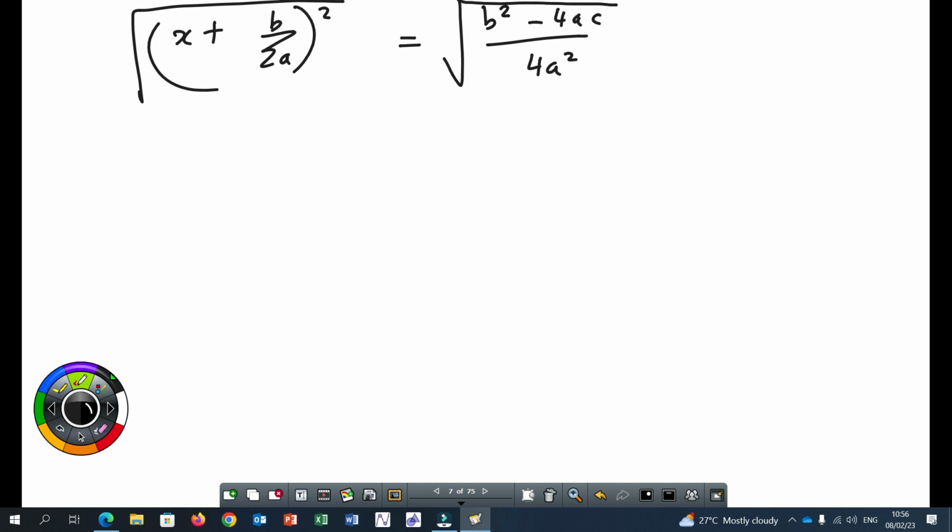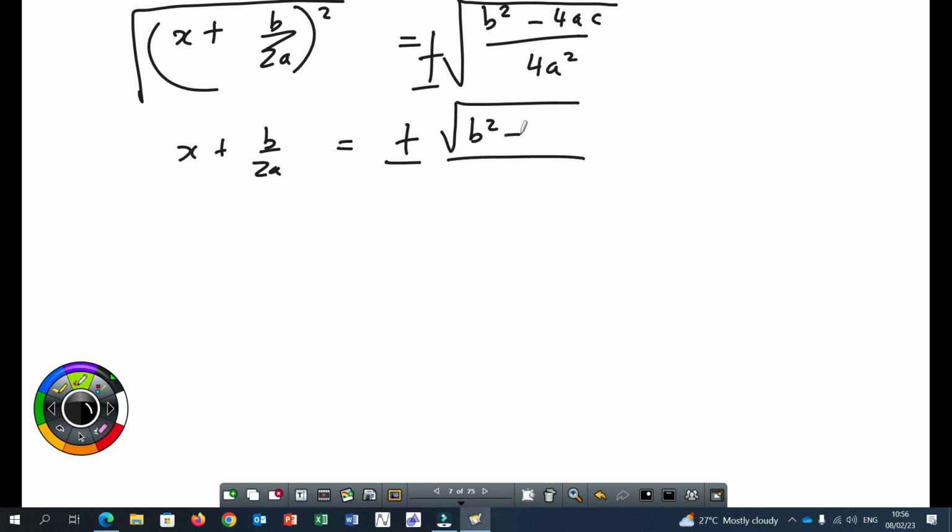Okay? But the good thing is you have done sets. That's why we did sets first, because you need your knowledge of sets here. So the left hand side we have x plus b over 2a. This will be equal to, now I can write, please remember I'm supposed to put a plus or minus there. So plus or minus, that will be b squared minus 4ac over the square root of 4a squared.